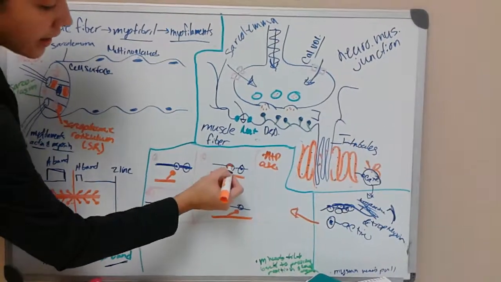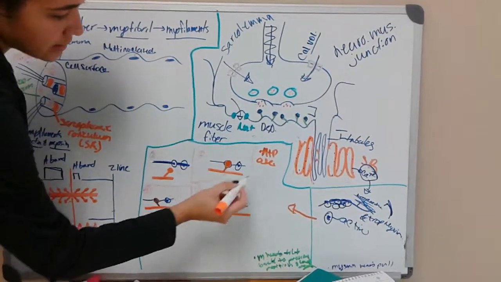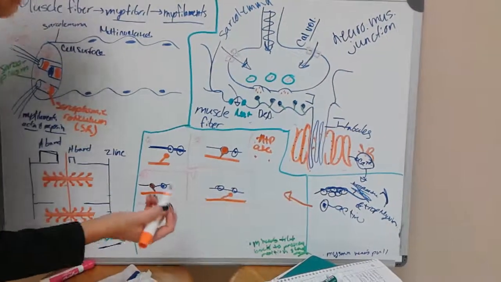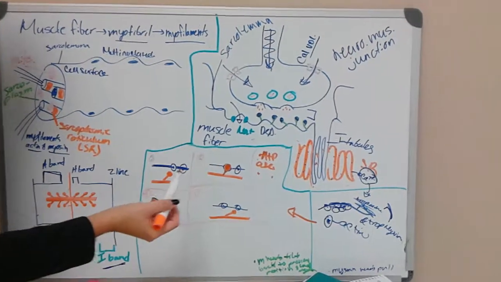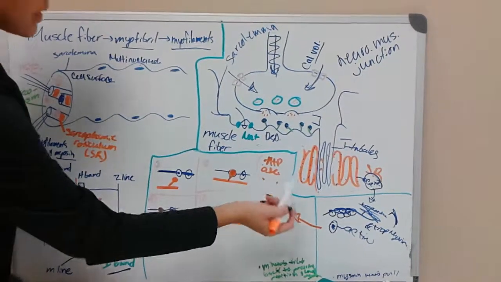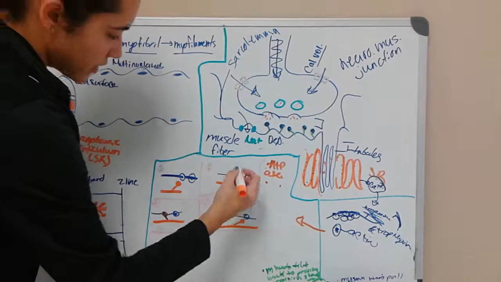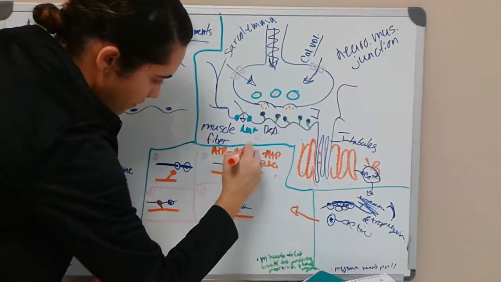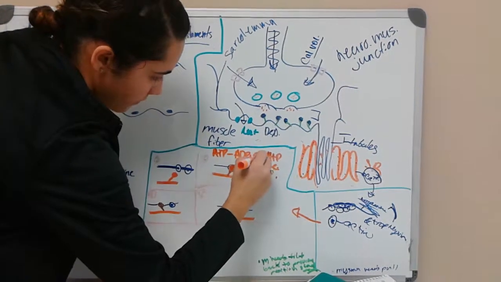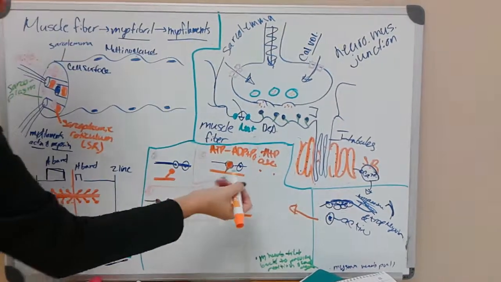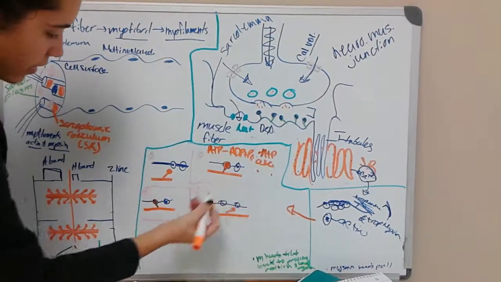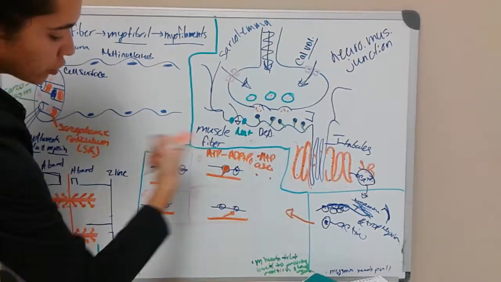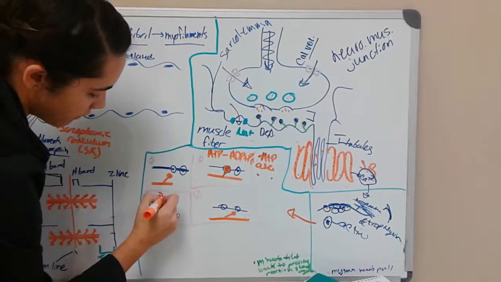The globular head of myosin acts as an ATPase. It hydrolyzes ATP, and what this does is it breaks down ATP to ADP and inorganic phosphate. And now, as we have here, the globular head pulls back, and this is because of inorganic phosphate.